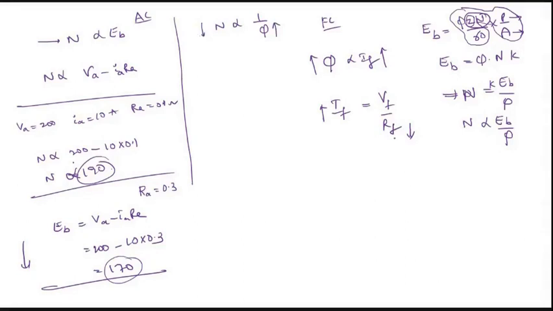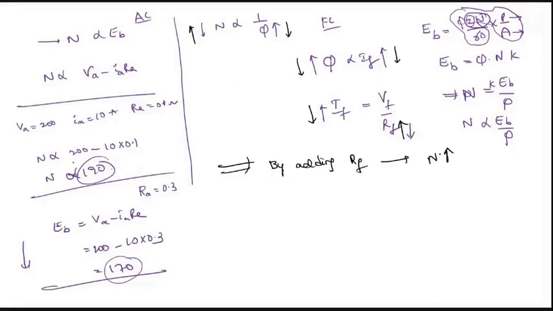Suppose the field rheostat is at maximum, obviously the current will be minimum. If the field current is minimum, the flux will be minimum. If the flux is minimum, the speed will be high. So ultimately, by adding resistance, the speed is going to be increased. So in this field control method, by adding field resistance, not armature resistance, the speed can be increased.